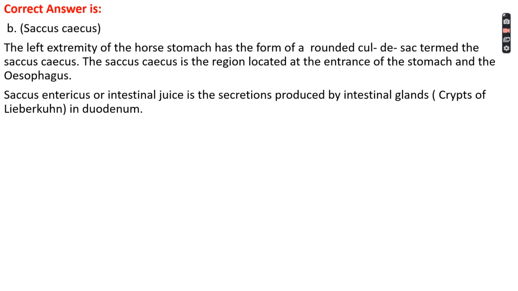The left extremity of the horse stomach has the form of a rounded cul-de-sac, which is termed the saccus. The saccus is the region at the entrance of the stomach where the esophagus opens. While succus entericus, also known as intestinal juice, is the secretion produced by the intestinal glands, that is the crypts of Lieberkuhn in the duodenum.